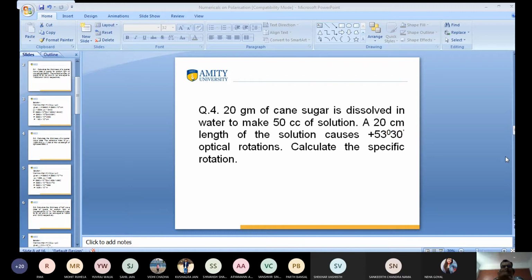Rama, what is your answer? Vansveer, what is your answer? Sir, her mic is not working. Okay, she is saying in the chat. She has sent chat. Okay, I will check the chat.